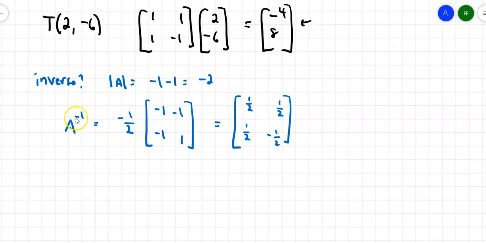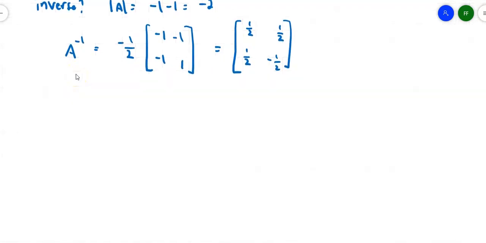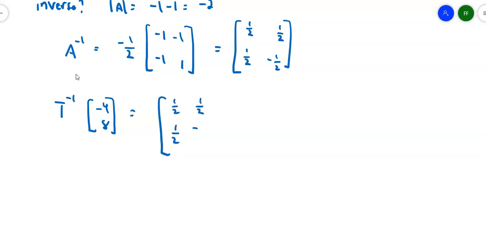I could perform the inverse operation now using that matrix. So the inverse transformation applied to negative 4, 8, which is what I got when I did the first round, is going to be that new inverse transformation matrix, 1/2, 1/2, 1/2, negative 1/2, times the matrix negative 4, 8.